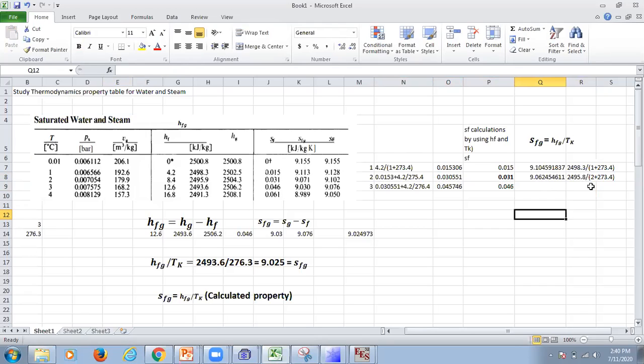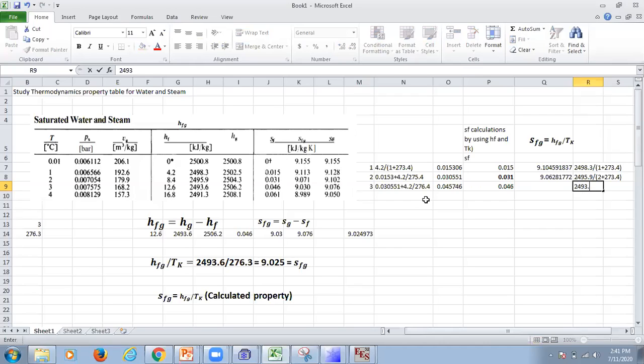2495.9 here, 2495.9. 273. Yes, 9.062. So for the third one, again, HFG is 2493.6 divided by, at 3 degree, 3 plus 273.